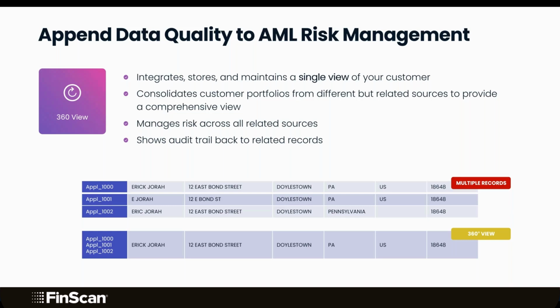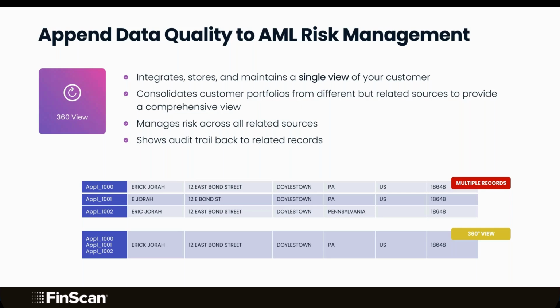Yes, that bit's important. But equally important is to be able to prove that lineage, that audit trail back to those related records. Increasingly, regulators are wanting to see that, yes, you're getting good data in, but whatever steps you took to get that good data, to reformat that data, how did you source that data and from where, which systems did it come from?